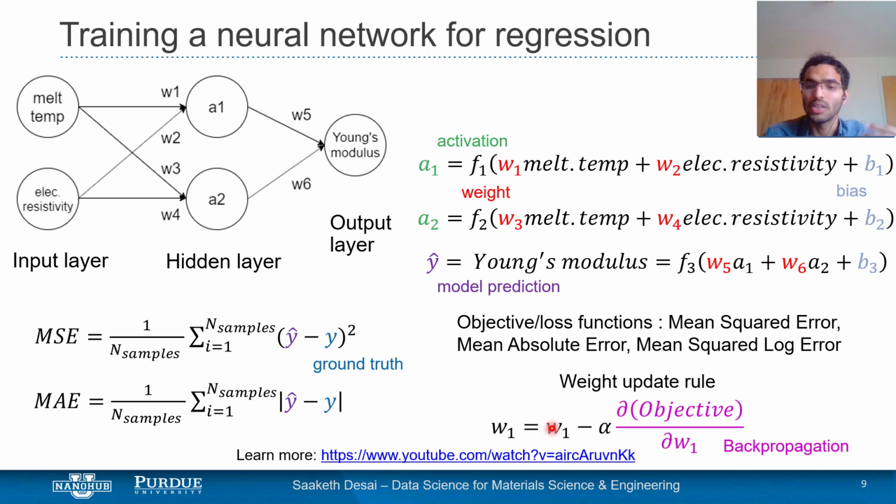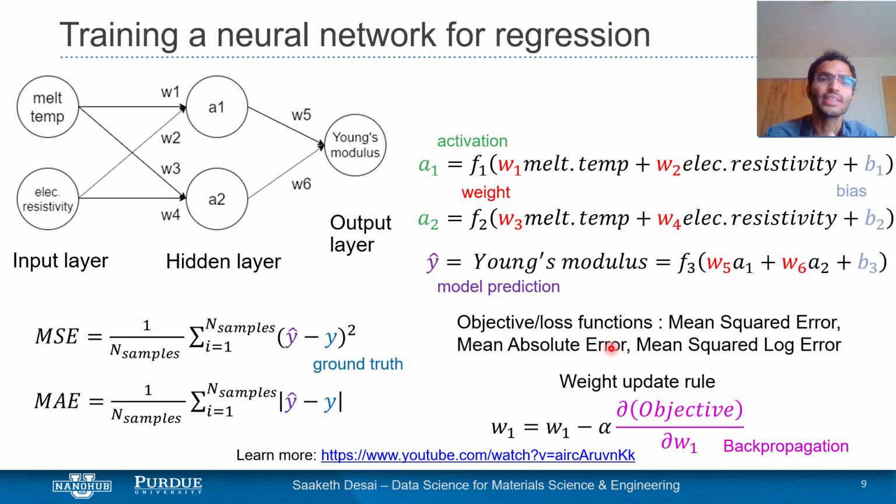So W1 is going to be W1 minus some constant alpha times a gradient term. Now this gradient is the gradient of the objective function with respect to the weights and the biases, and this is what we compute using the technique of backpropagation and using the auto differentiation capabilities that most neural network packages have built into them.